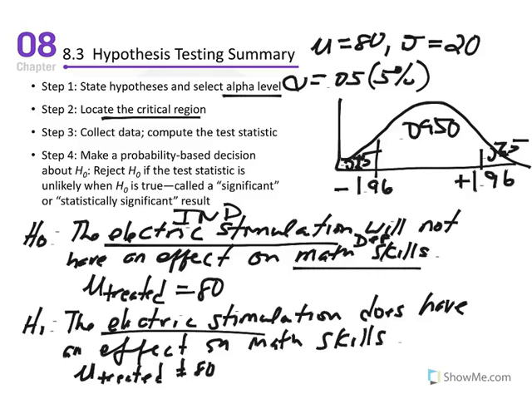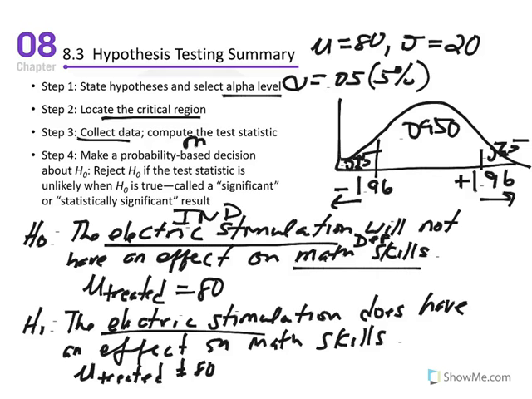In other words, any z-value that falls in this region or in this region, we get to reject the null hypothesis. Next, it says collect the data and compute our test statistic. Now, normally in the real world, we would collect the data, but for this example, we've been given a sample mean value, which was equal to 89.